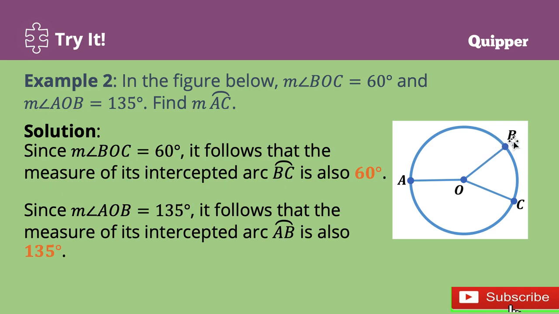Since the measure of angle BOC is equal to 60 degrees, it follows that arc BC is also 60 degrees. And since angle AOB is equal to 135 degrees, its intercepted arc AB is also 135 degrees. So you have 60 here and this is 135.